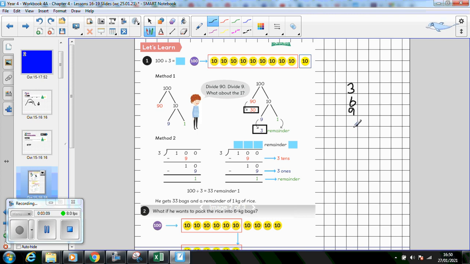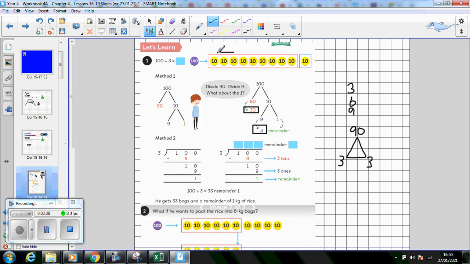I'm going to give us a little fact family triangle here. 3 times 3 will equal 9. I'm not going to try and divide 9 by 3. I'm going to try and divide this 90 by 3, this 90 here that we have with place value counters.